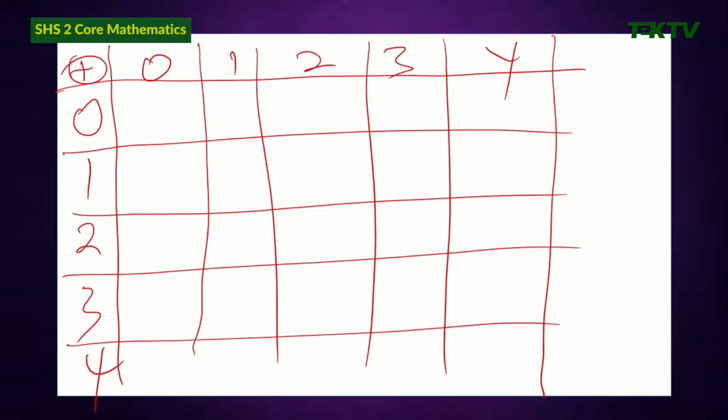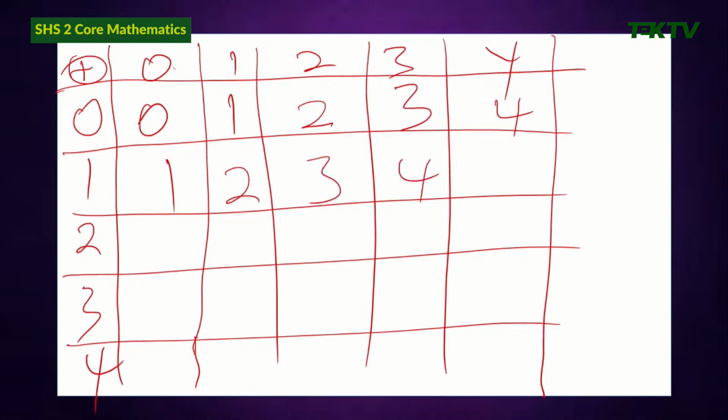What we need to do here is that, for instance, 0 plus 0, that is 0, then you write it there. 0 plus 1 is 1. 0 plus 2, 2. 0 plus 3. So it goes on and on. 1 plus 0, 1. 1 plus 1, 2. 1 plus 2, 3. 1 plus 3, 4. 1 plus 4, 5. In mod 5, 0.